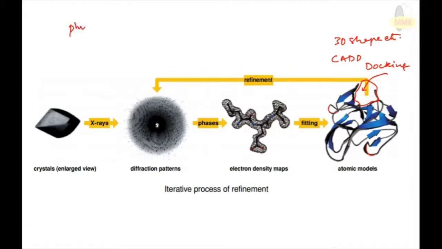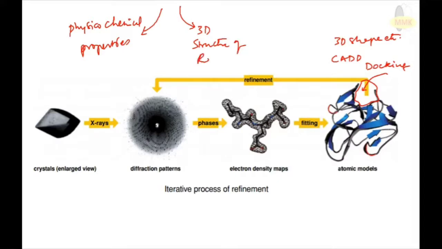You can also make use of the data available in literature. Using physicochemical properties we can design a drug, or if you know the 3D structure of the receptor. If you know the physicochemical properties ideally required for a particular biological activity, we can use this concept, or use the three-dimensional structure of a receptor.